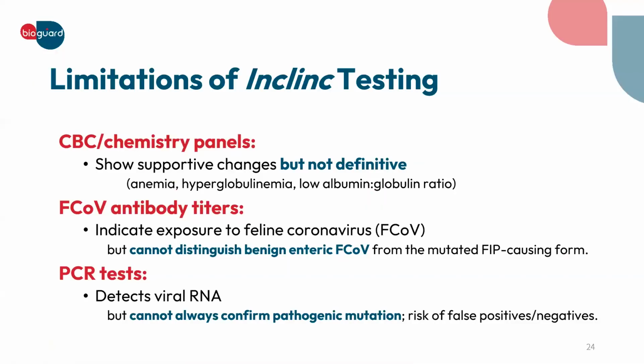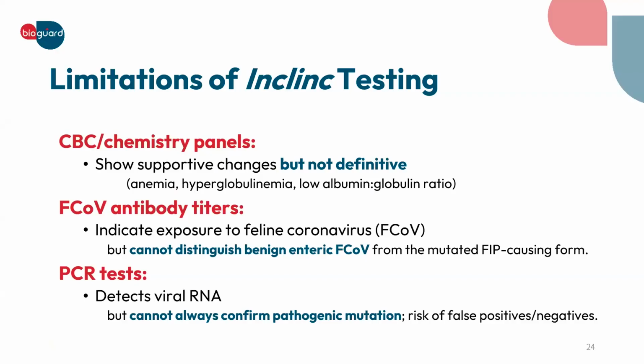Okay, so because of these reasons, there are certain limitations in in-clinic testing of FIP, especially when we talk about the supportive methods, such as complete blood count or the chemistry panels. These are always supportive methods, but they cannot give you certain validity of the infection of FIP.